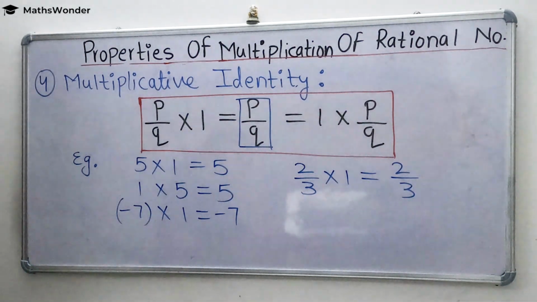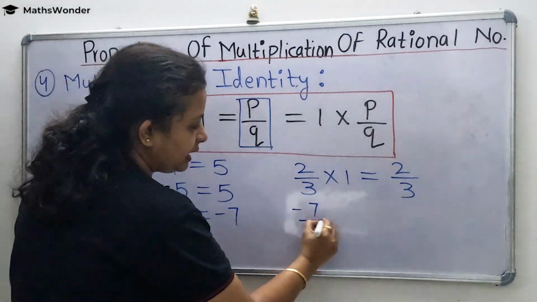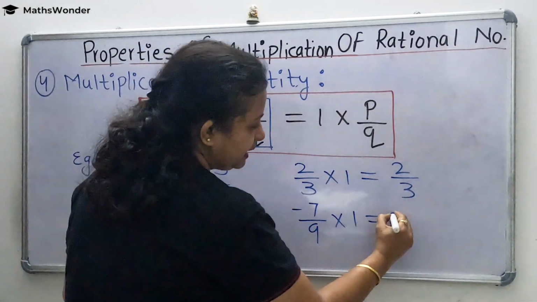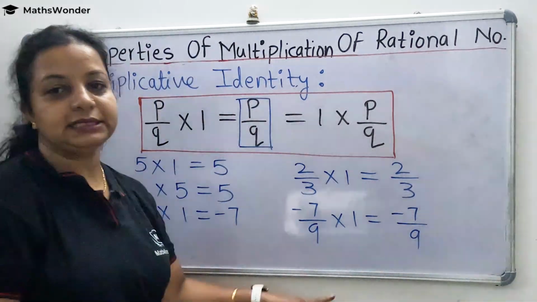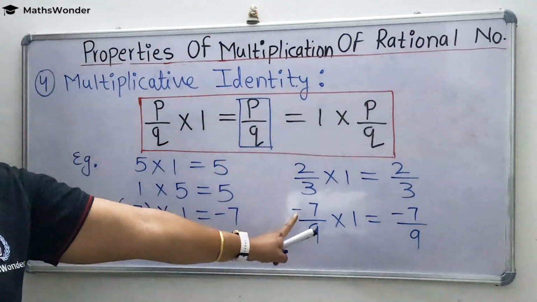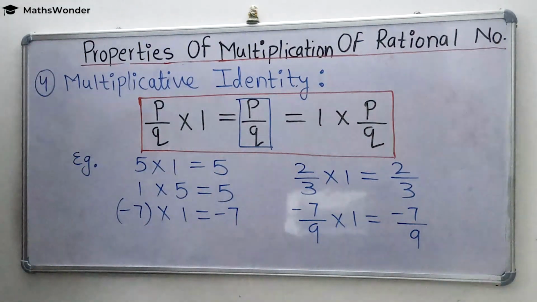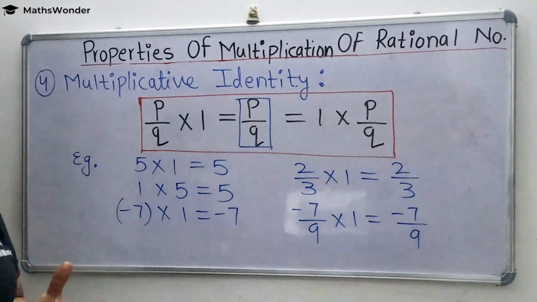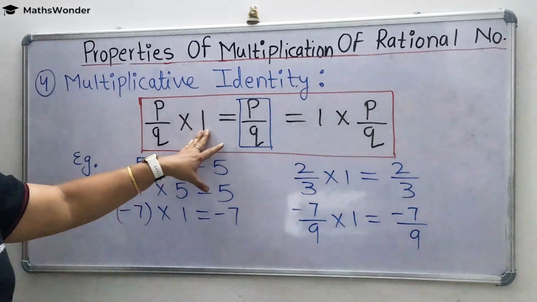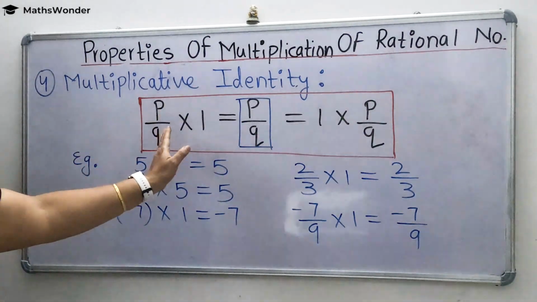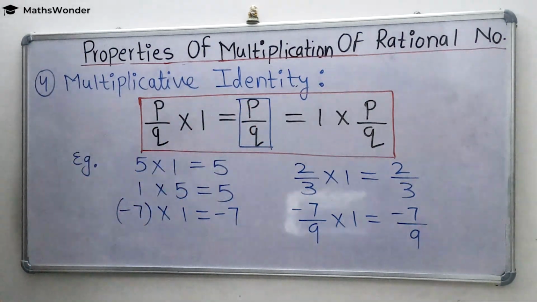If we take any negative rational number, negative 7 over 9 times 1 will give negative 7 over 9. See, right? So the identity will never change, like our surname. If you put your surname with any name, the identity will never change. You will have the same identity. So identity is like this, right?